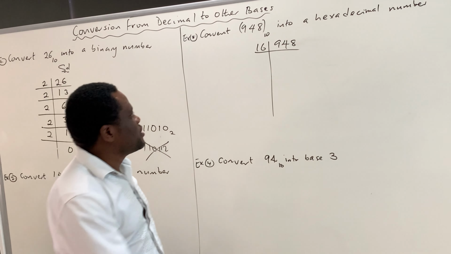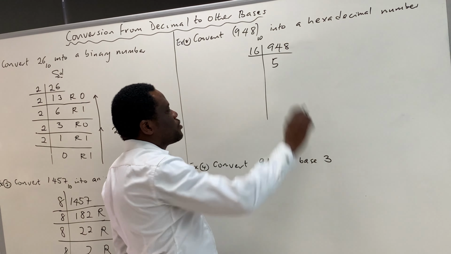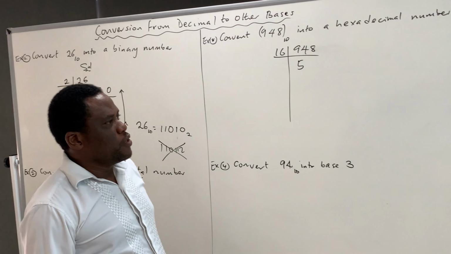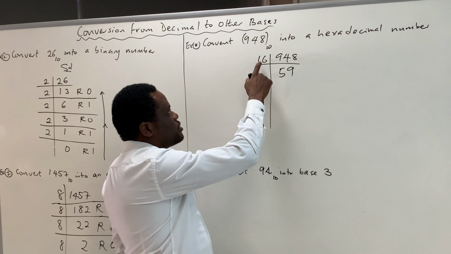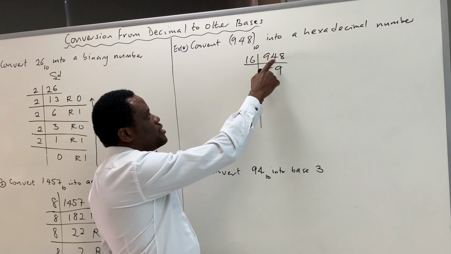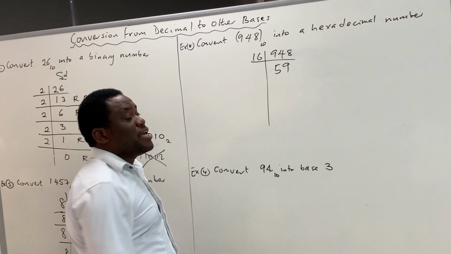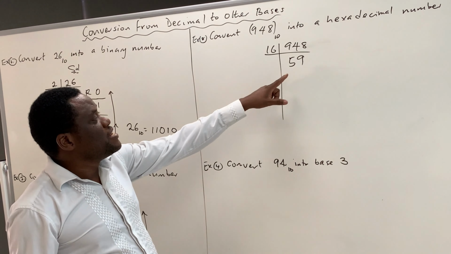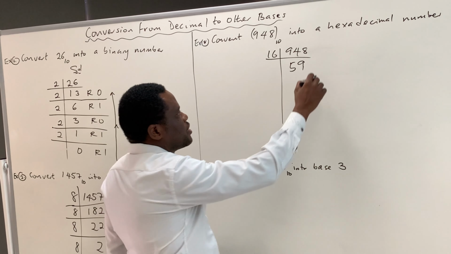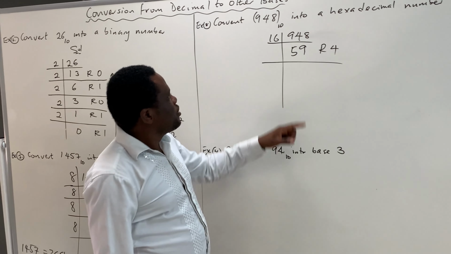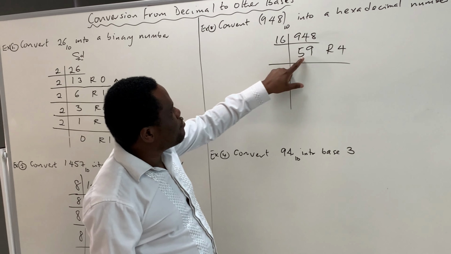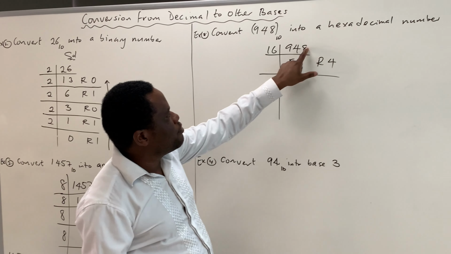How many times? 5 times. And then the limit is 9 times. So 16 goes in 948, 59 times. What is left is what? 4. Again, multiply this guy by this guy plus this guy, you must get this guy.